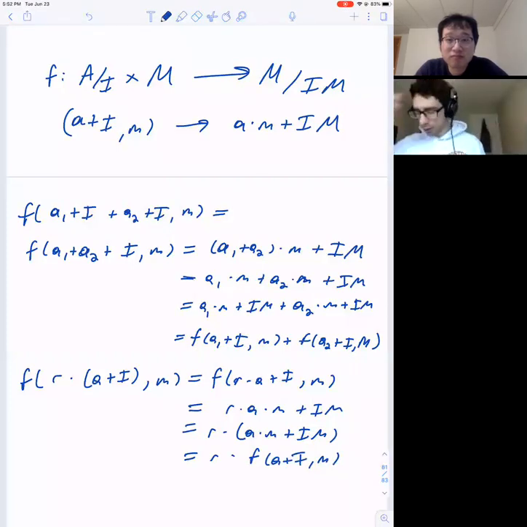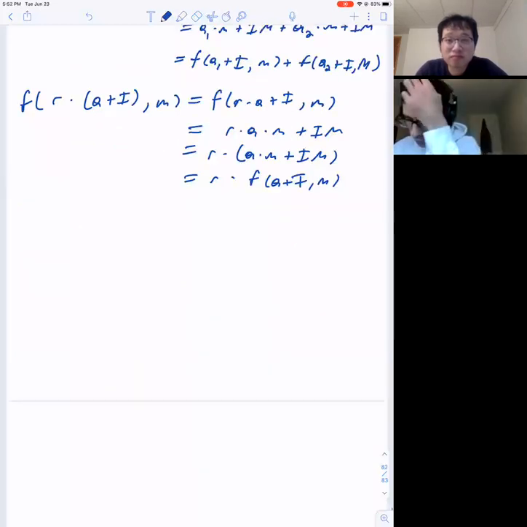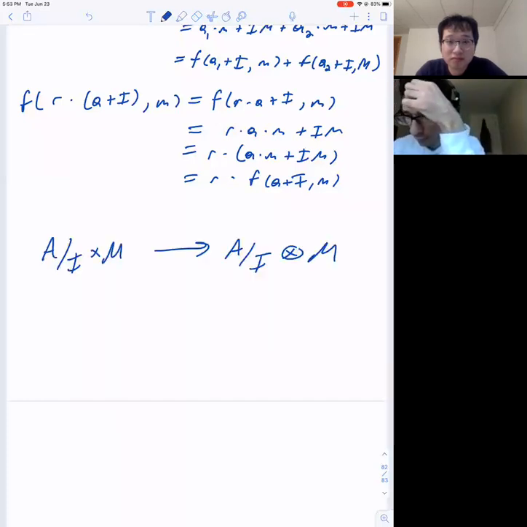So this is bilinearity in one component. You can prove the bilinearity in the other component. It's very, very technical. So what I'm trying to show is that it is in fact commutative.